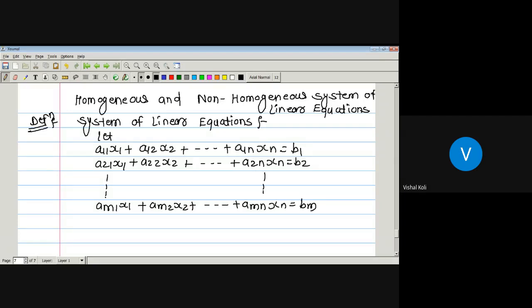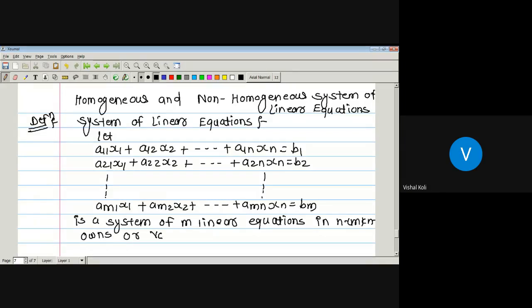Okay, so this is a system of m linear equations in n unknowns or n variables x1, x2 up to so on xn.